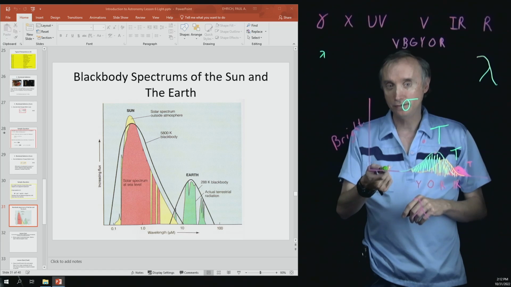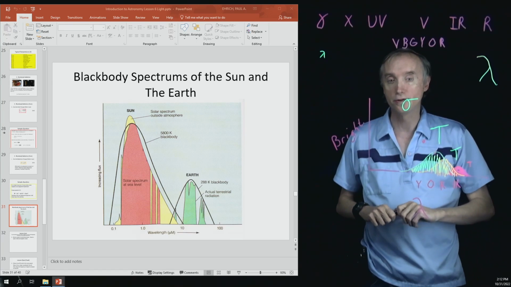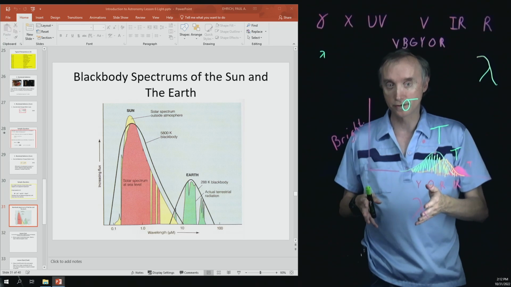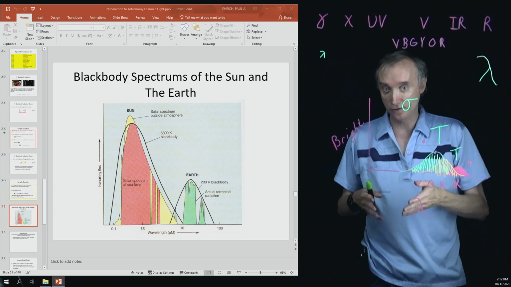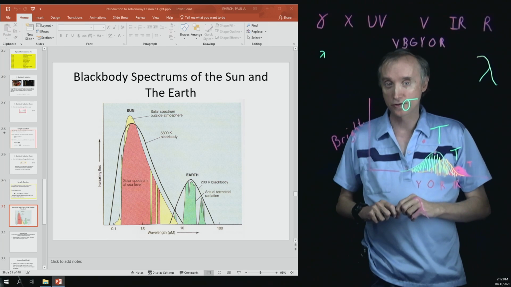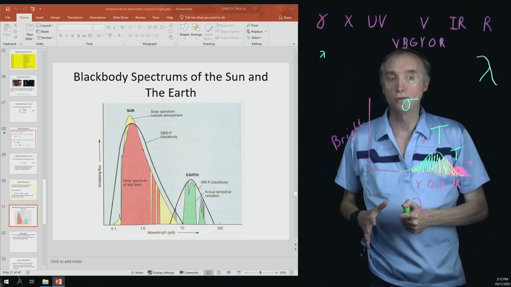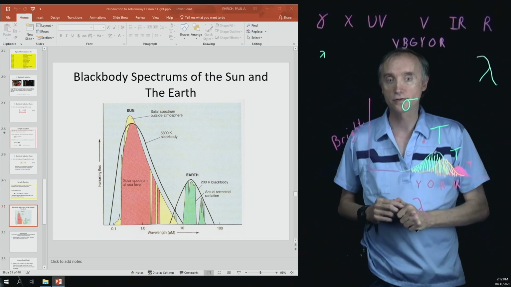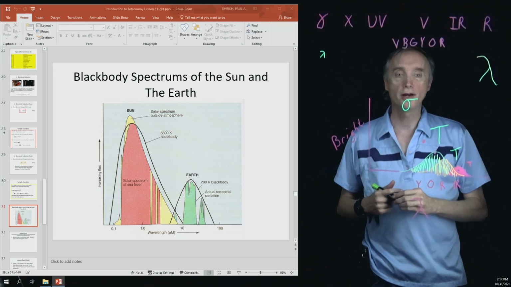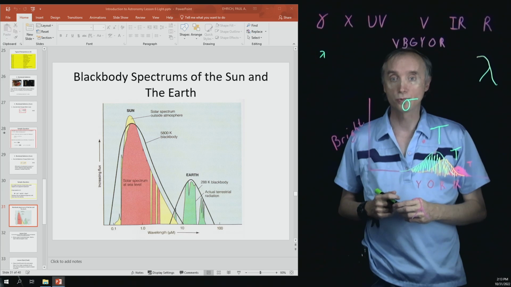You can see that some parts of it correspond quite well to the theoretical black body, but it's got a lot of holes in it, places where light should be emitted but it's not being emitted. So for cooler objects, it doesn't work quite as well as for the hotter objects, but it's still pretty good. Okay, we're going to take a break. When we come back, we're going to do the quiz that goes with this lesson.